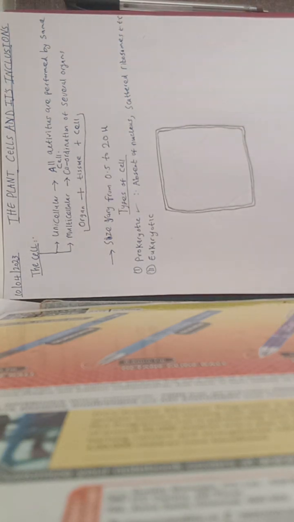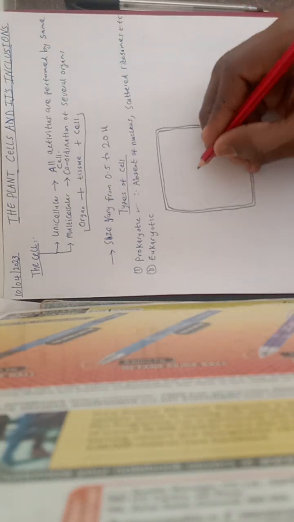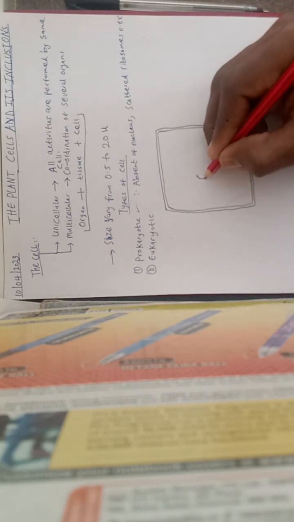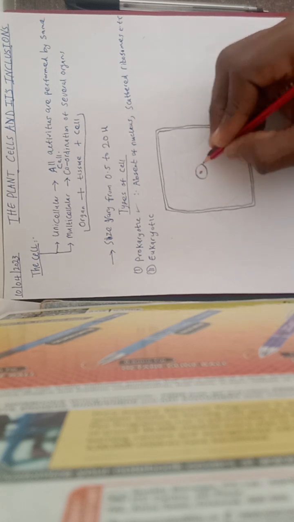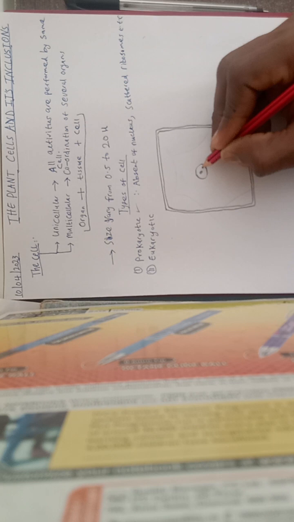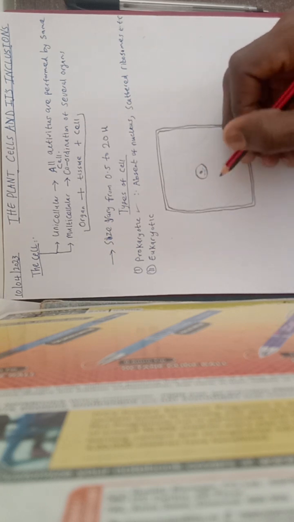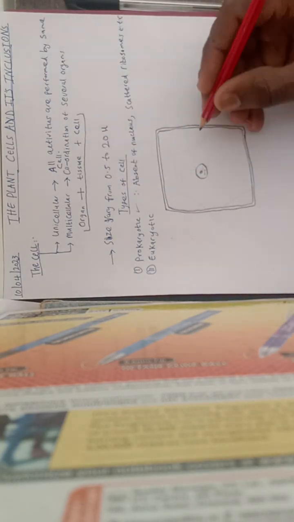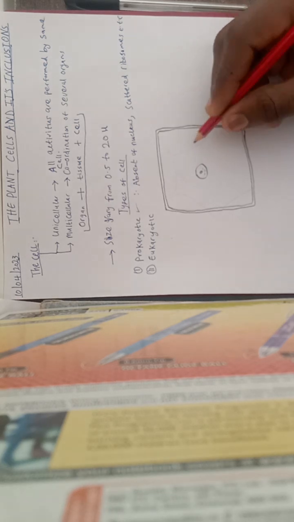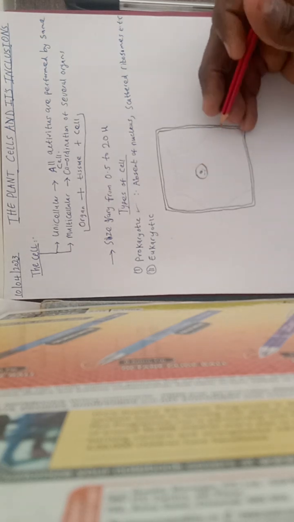So now I want to start drawing the organelles of the cell. The first thing I'm going to draw here is the nucleus. This is the nuclear membrane, this is the nucleus, and there is a small ribosome present inside the nucleus, providing energy in the form of ATP to the nucleus of the cell.